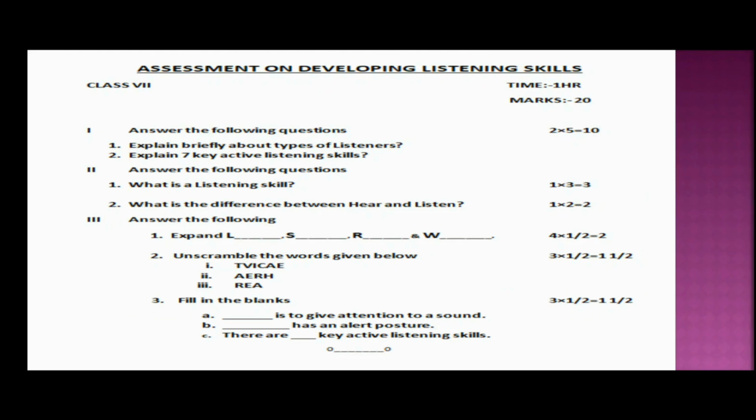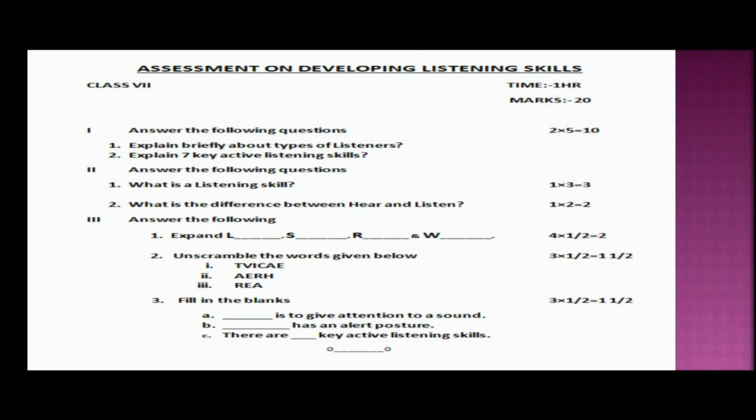It carries 10 marks. There are 2 essay questions, and each question carries 5 marks. So if you answer 2 questions, you will get 10. I'll read out the questions. First one, explain briefly about types of listeners. Second one, explain 7 key active listening skills.